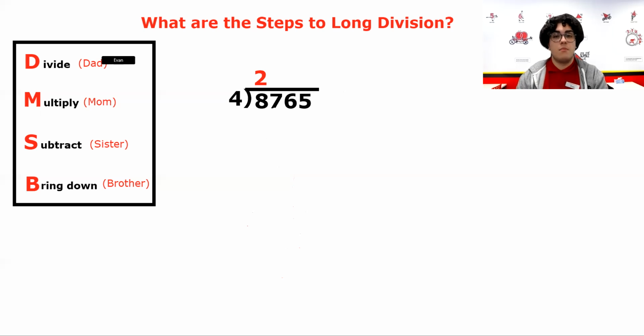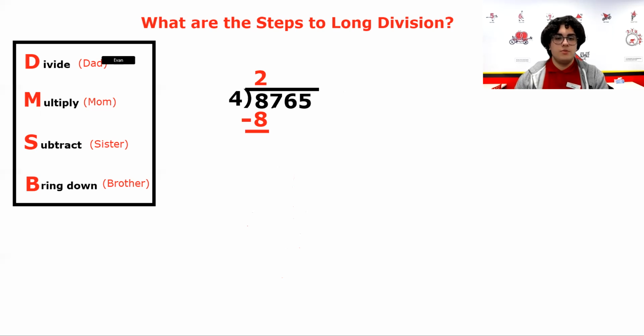Our next step is the multiply step. This is where we multiply the divisor, in this case 4, by whichever number we have written on top of that line there, which is 2. In this case, we're going to do 4 times 2, which is equal to 8. Now we move on to our subtraction step. You can see I have it written there.